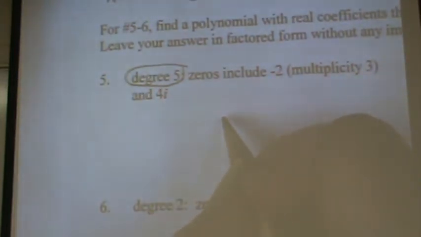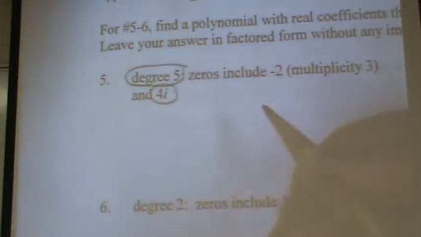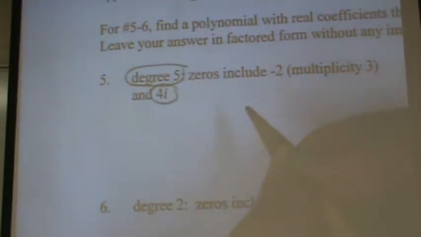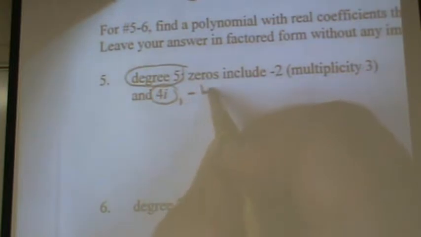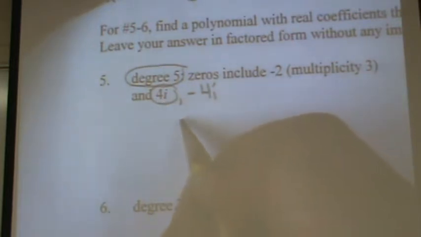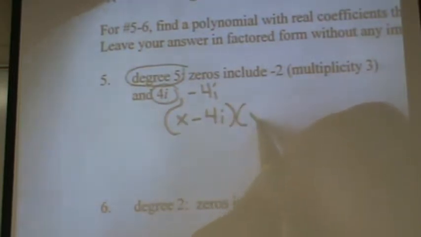So, anyone want to give me a suggestion, especially on this right here? Plus or minus 4i, so you have a negative 4i. Whenever you have an imaginary or an irrational zero, they come in pairs. So it's going to be x minus 4i, and x plus 4i.